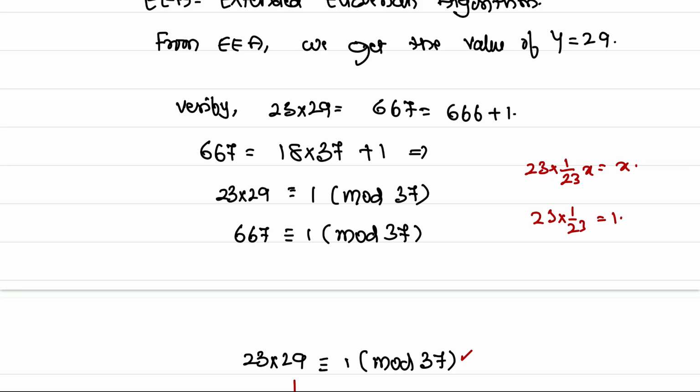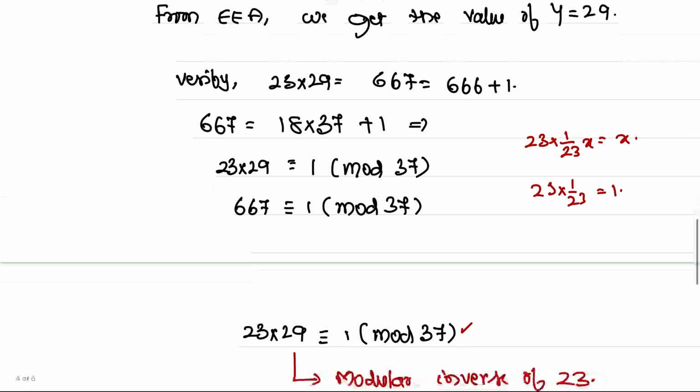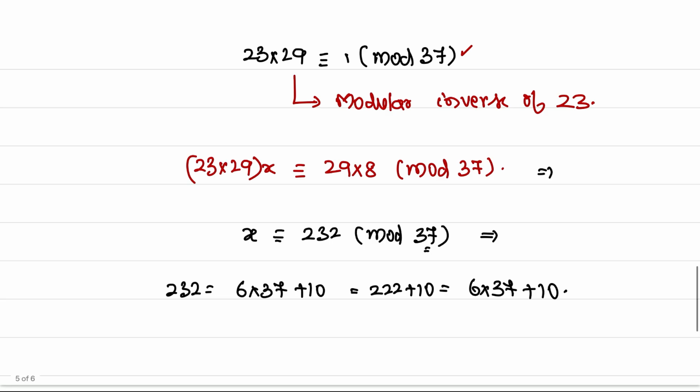So 23 into 29 equivalent to 1 mod 37, 667 equivalent to 1 mod 37. Then 23 into 29 equivalent to 1 mod 37. 29 is the modular inverse of 23. Hence, 23 into 29 into x becomes x. 23 into 29, they get cancelled.